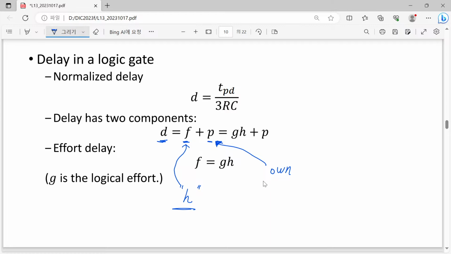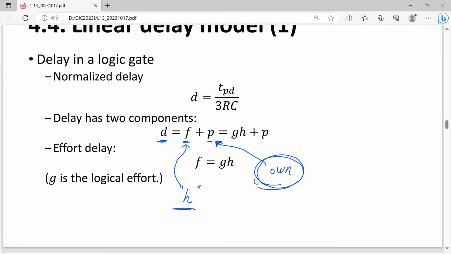Okay, so it's own delay even without any load, and the term related with the number of load gates attached to its output. So that's it. So delay can be decomposed into two terms. One is parasitic delay, and another one is called effort delay.